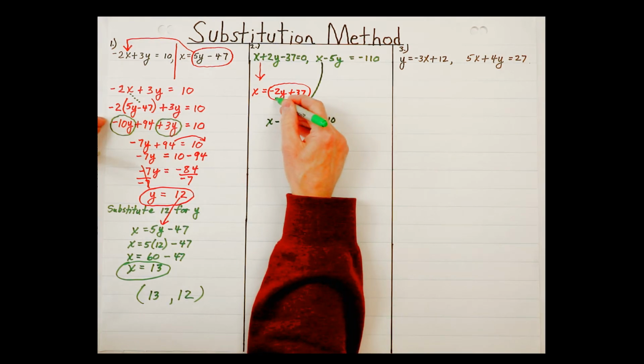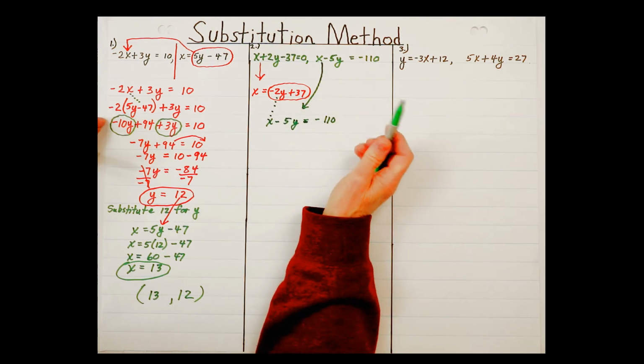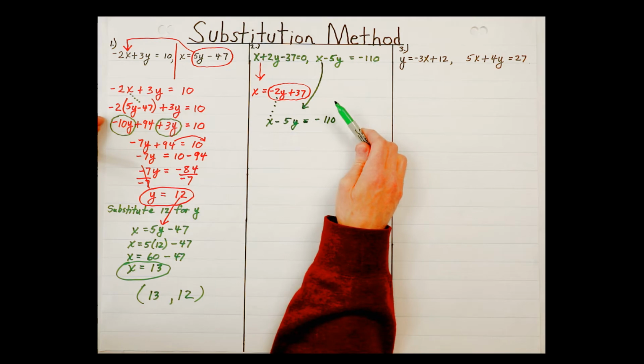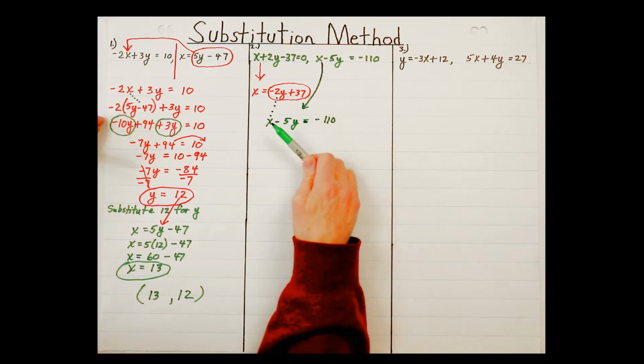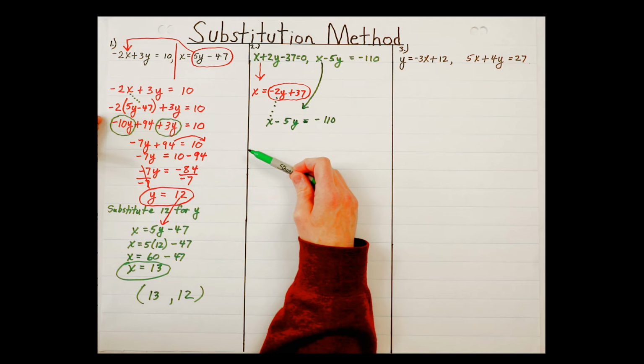So I'm going to just replace x with negative 2y plus 37. What does that do for me? It gives me just one variable. One letter in an equation is easy to solve. So that's what we're going to do.